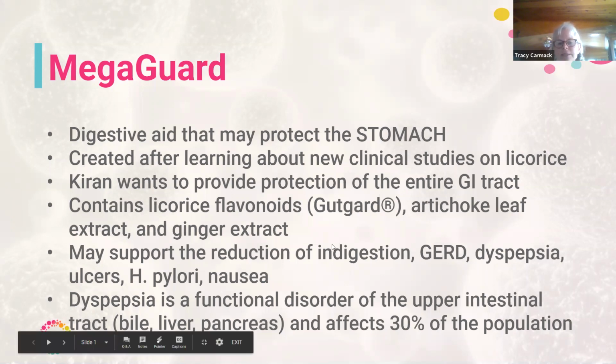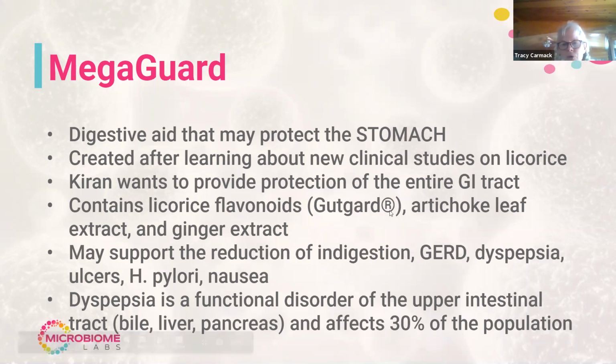What you're going to see is the patented product here, GutGuard, which is very well established. You'll see all the references on that. That is the licorice flavonoid component. The artichoke leaf is based on a German study, which is a drug, and the ginger extract is based on an Italian study, which is a drug.